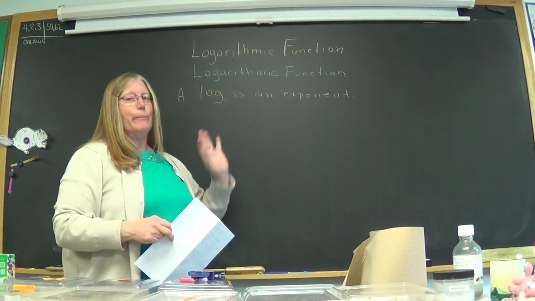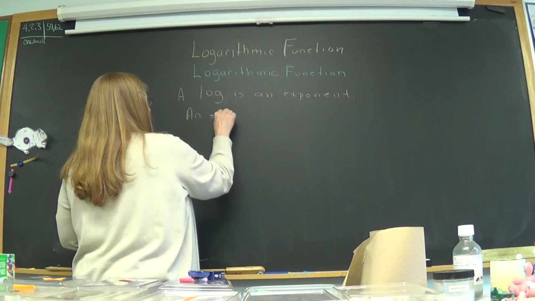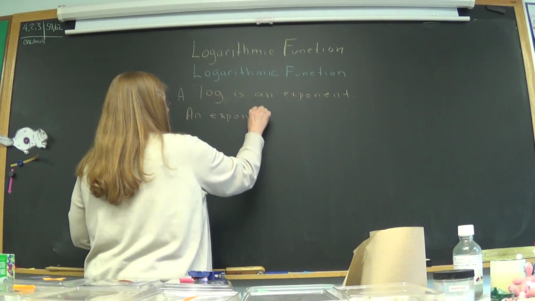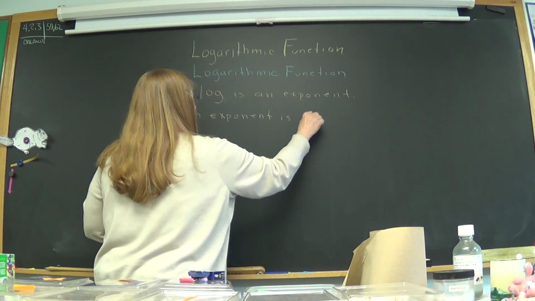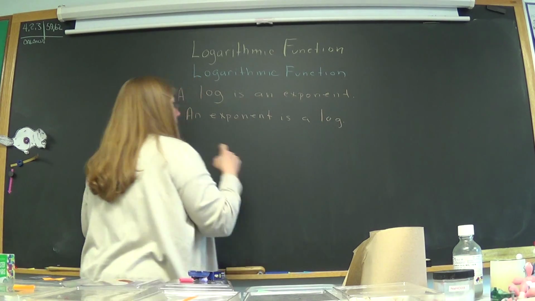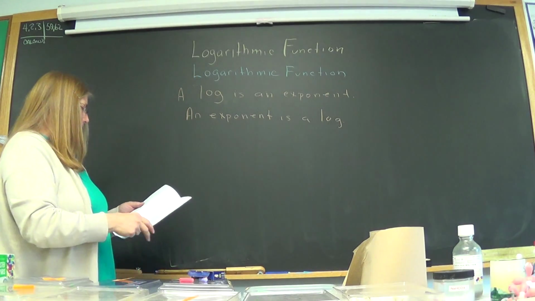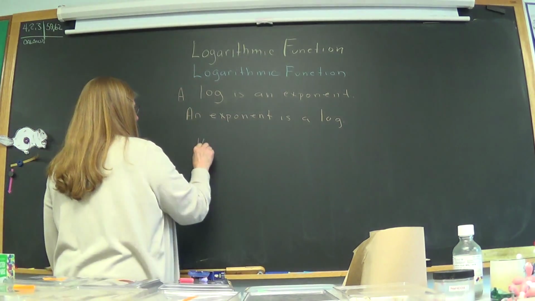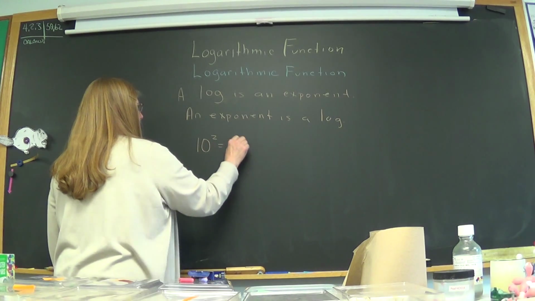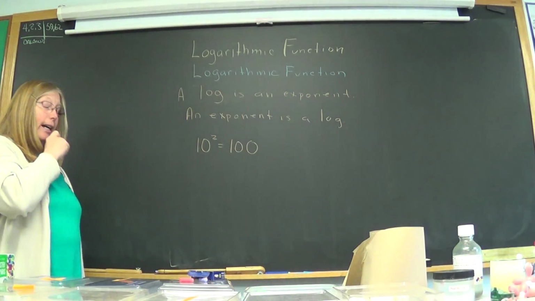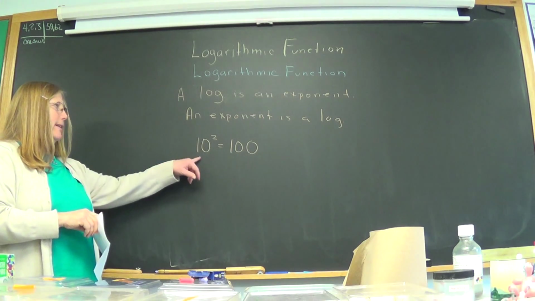So we could say it another way: an exponent is a log. A logarithm is simply an exponent. If you understand this statement, 10 squared equals 100, you have a base number.